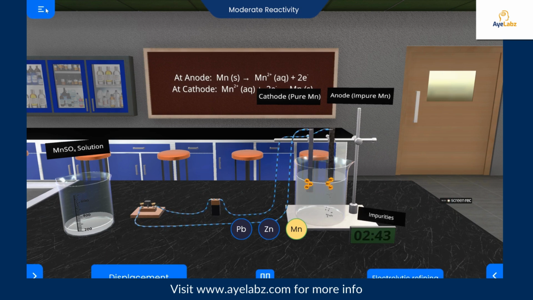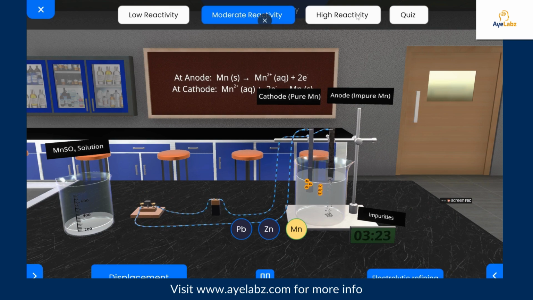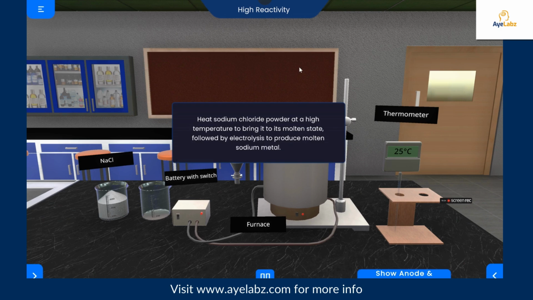Let me take you through the third part, which is high reactivity metals. In this part, undeniably, we have to talk about sodium, because this sodium extraction can't be done in our school laboratory. It needs industrial equipment to do this process, because we are using a high temperature furnace to carry on this experiment.